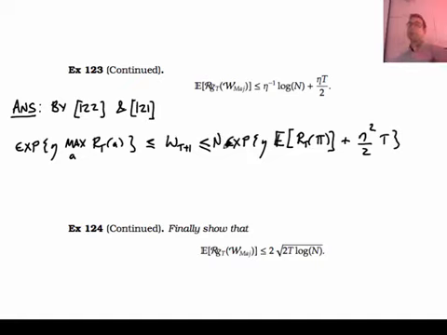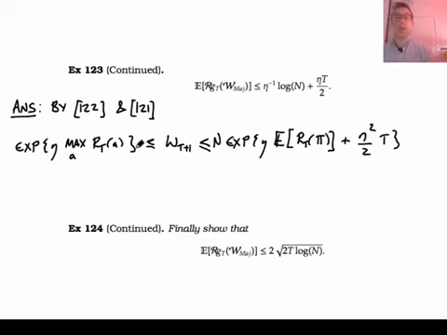So that's 122, that inequality, and that's 121, that inequality. So I've got an upper bound that bounds against my policy and a lower bound that's to do with the best action. Now what we can do is take logs and rearrange.